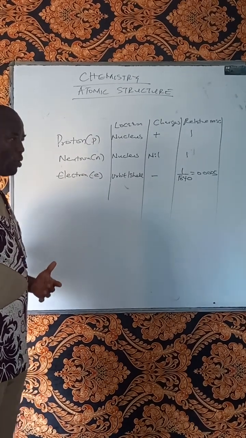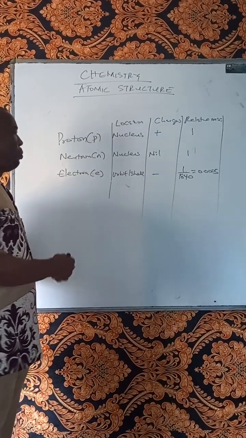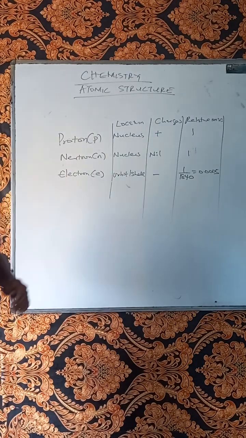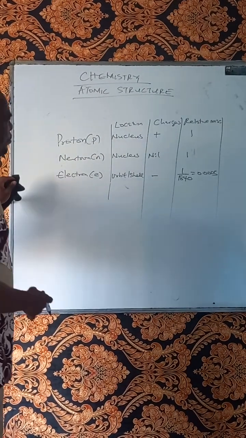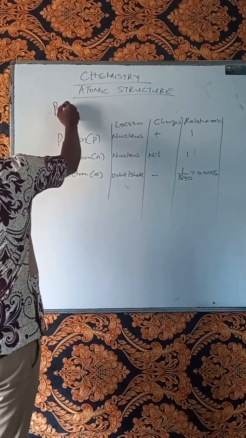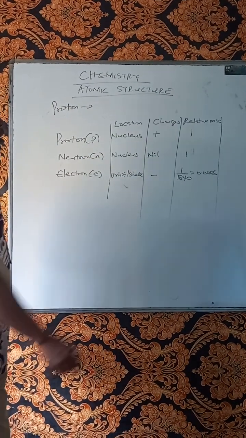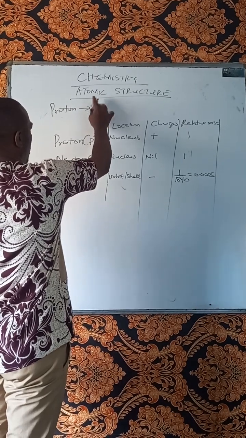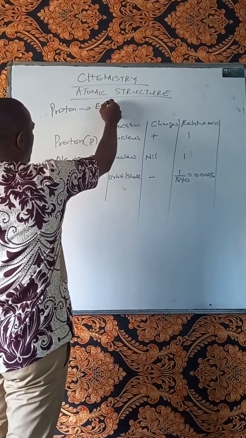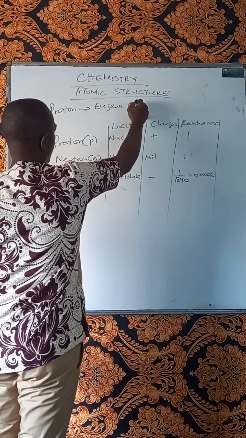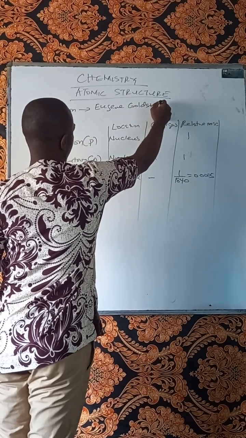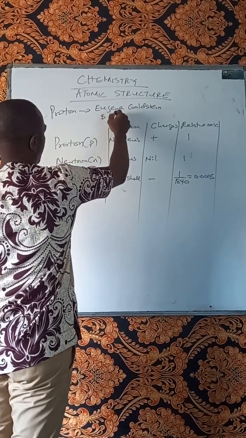Then, these particles, who discovered them? Proton was discovered by 2 people who worked independently. The first one is called Eugene Goldstein, and the other man called Ernest Rutherford.